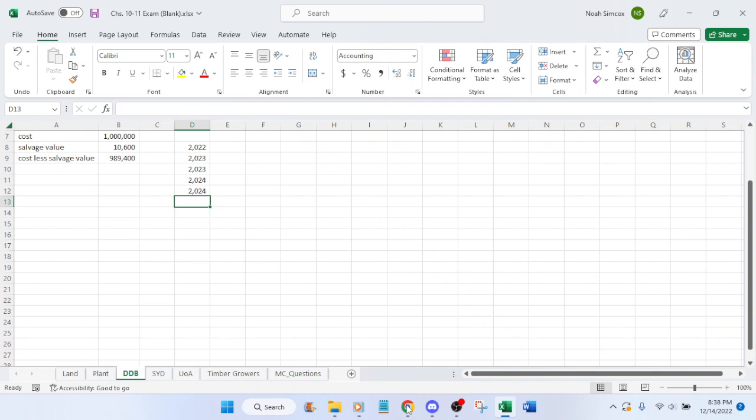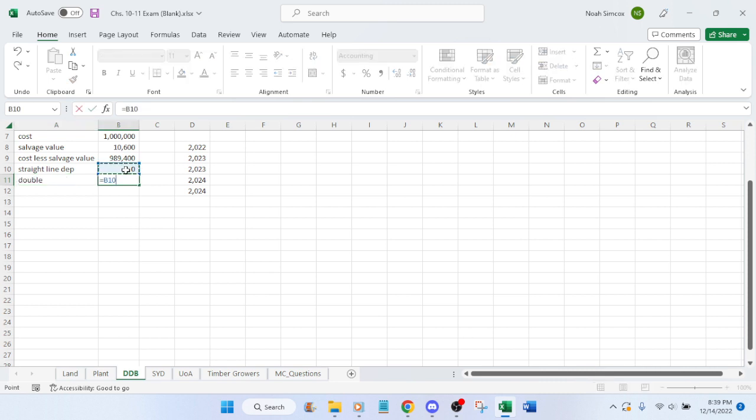Your depreciation rate for 20 years is equal to 1 divided by 20, and double equals this times 2, so we have that.